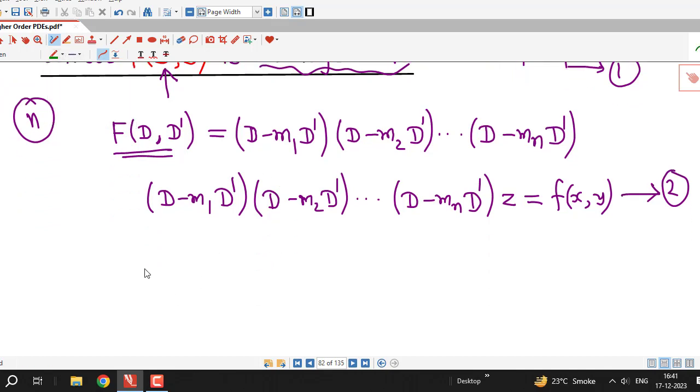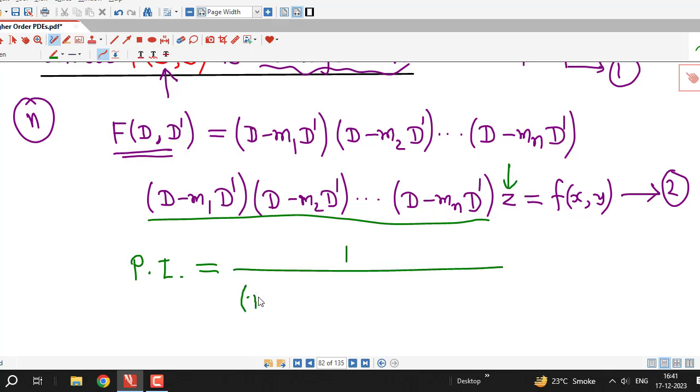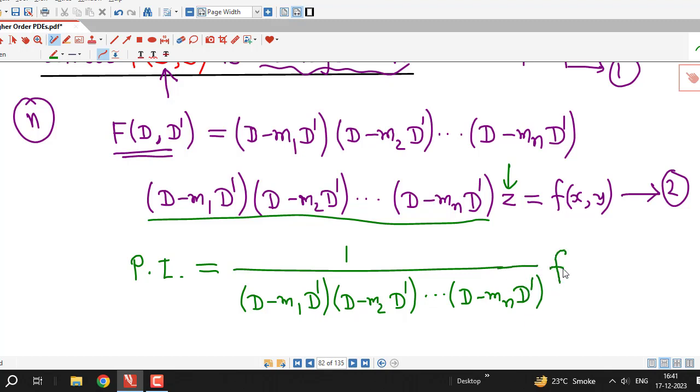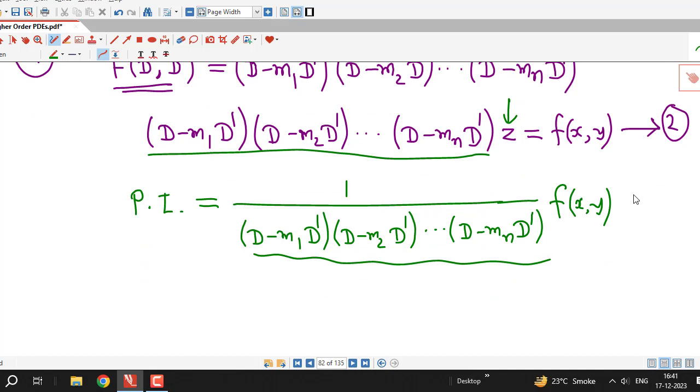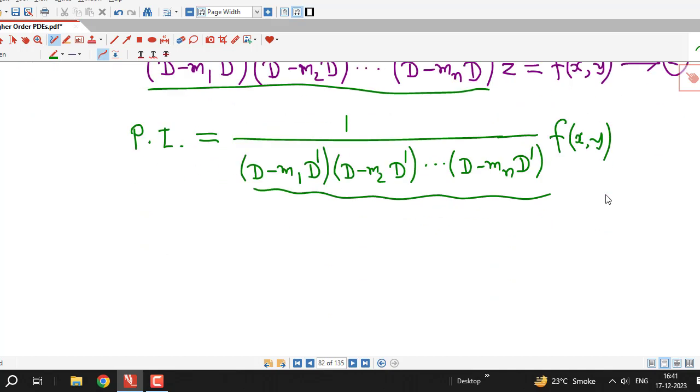So from this, for particular integral, we are interested in the solution z = 1 divided by (D - m1 D')(D - m2 D') and so on, (D - mn D'), operating on the right hand side. How to operate these linear factors on the right hand side, that is our problem for this method. So for that, first we solve this equation.